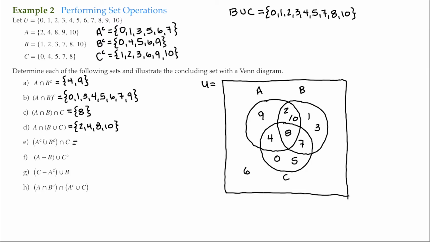So maybe it's easiest, now that we have our complements up here, let's just go ahead and see what's in A complement and B complement. And we have 0, 1, 3, 4, 5, 6, 7, and 9.